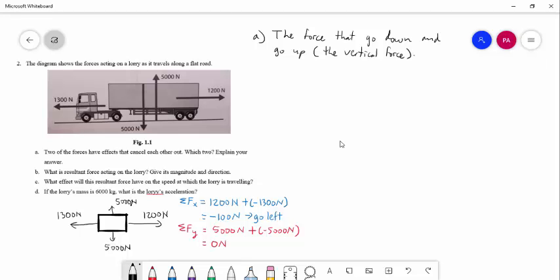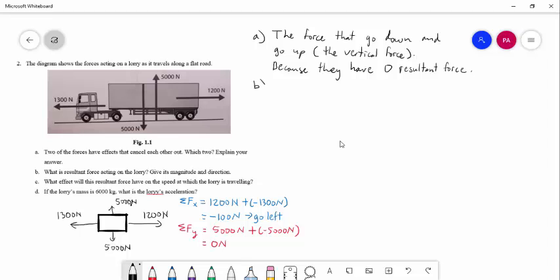Why? Because they have zero resultant force.